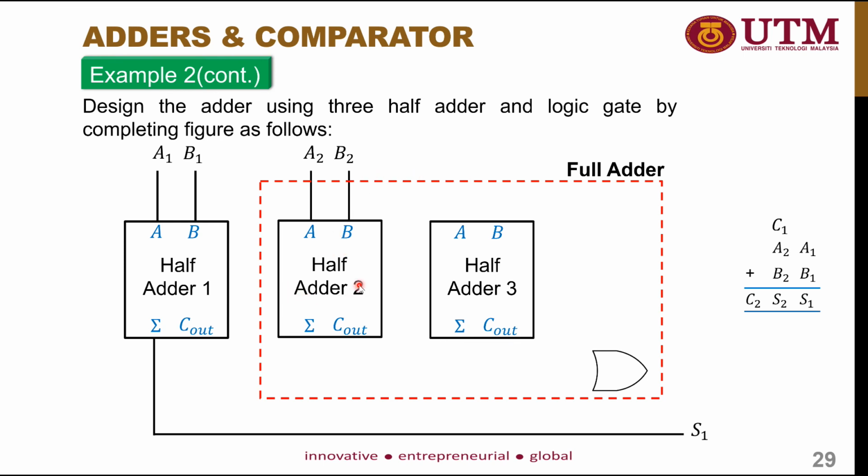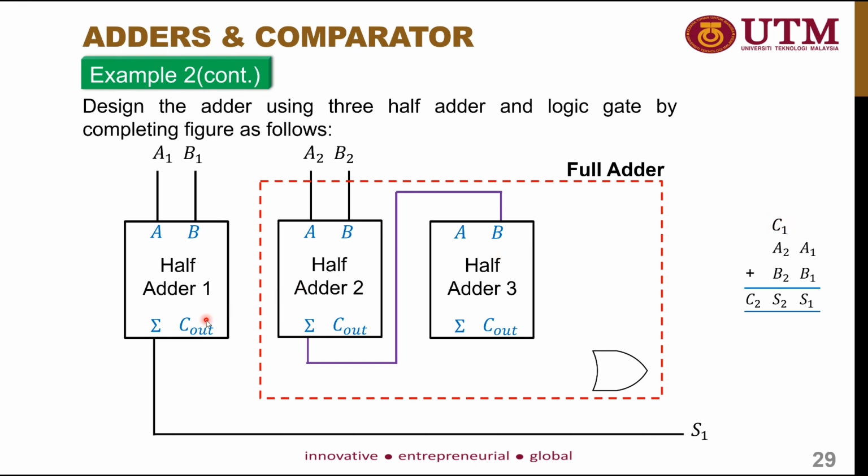After that, you connect the sum into the input of half adder 3. So right now, at the input of half adder 3, you already have A plus B, and you need another input, which is C1.